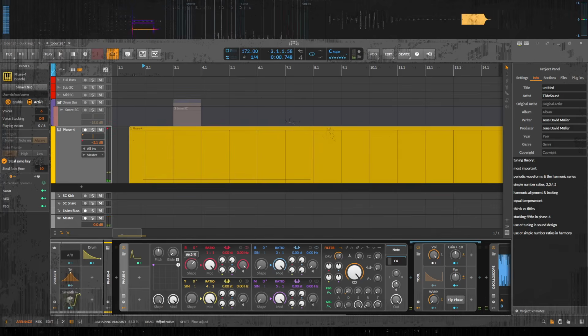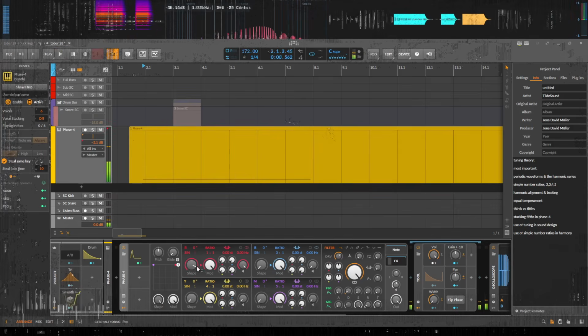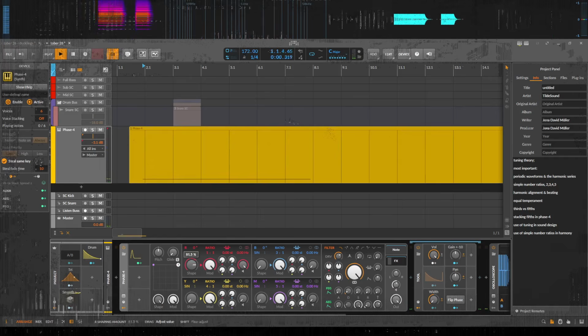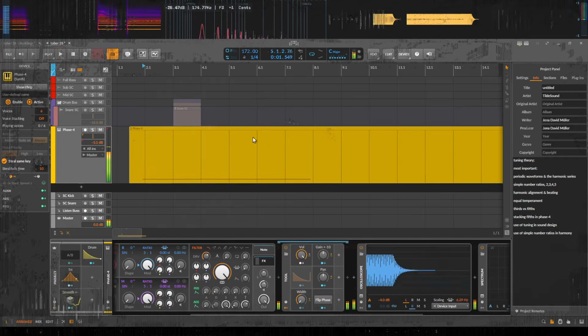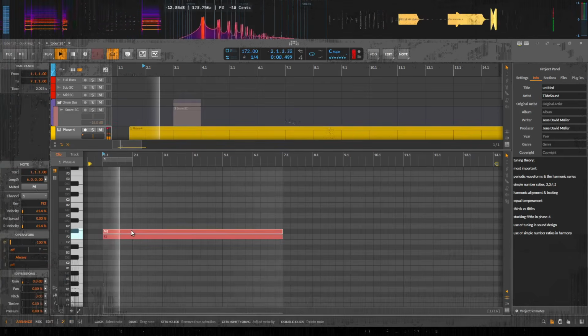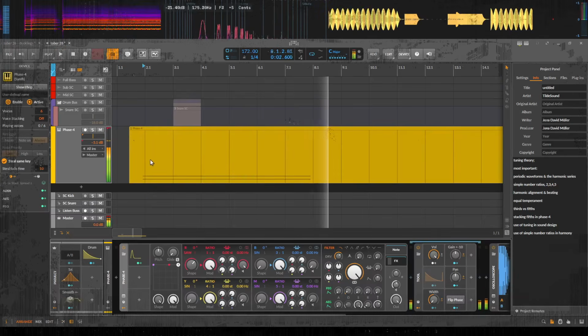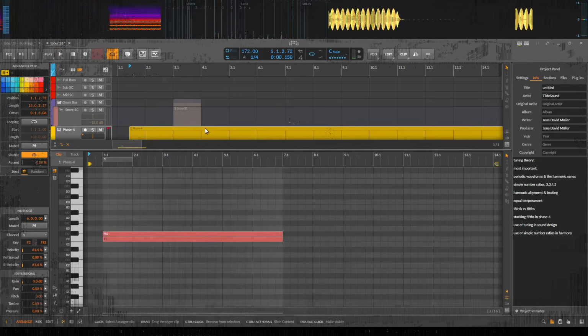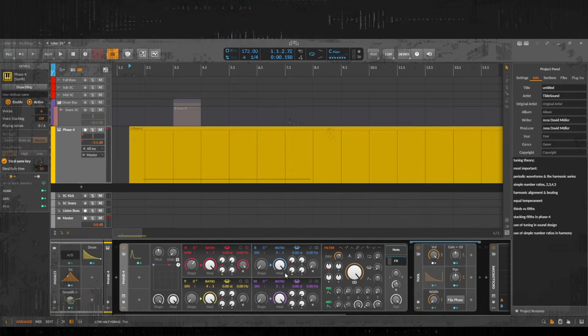So if we do this with a saw wave, let's just get the saw thing here. And then we create the saw thing, and hear this wobbling. Or if we do this with the stereo thing, this is also the effect that makes a reese move.